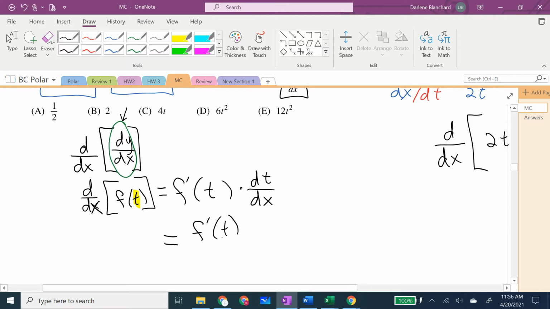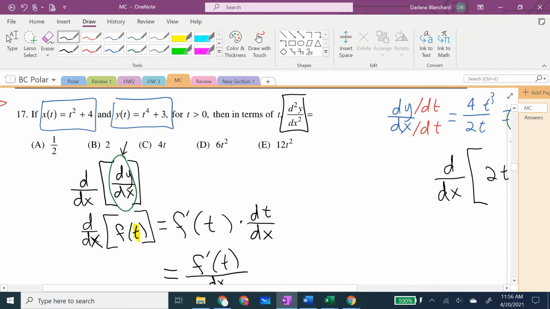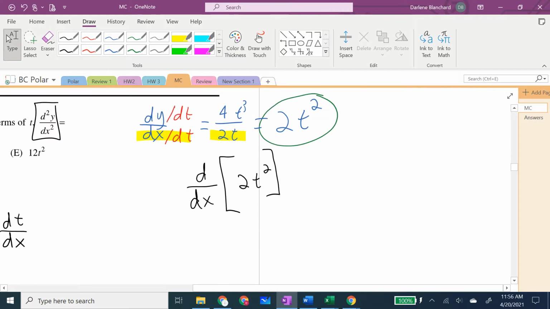So the fancy thing they do is instead of multiplying by dt dx, they divide by dx dt. Because you already found dx dt. So after you do the first derivative and maybe simplify, you are now going to take the derivative of that function.